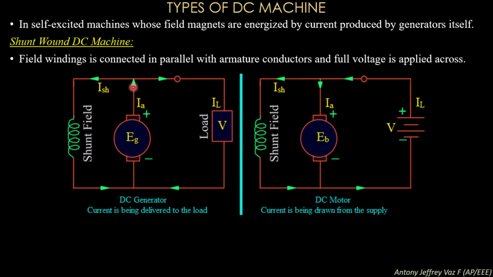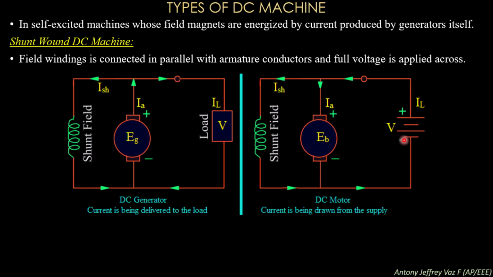Here this figure represents the DC generator, whereas in this figure you can see the DC machine connected as a DC motor. Here the shunt field and the armature are in parallel, so it is known as a shunt motor.